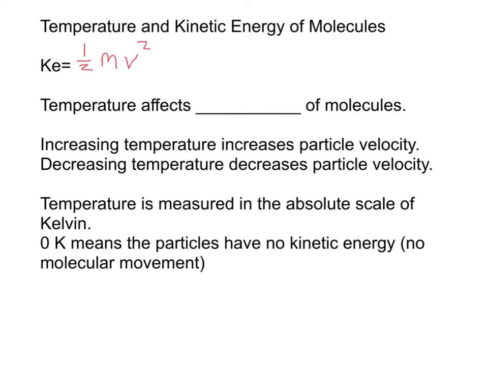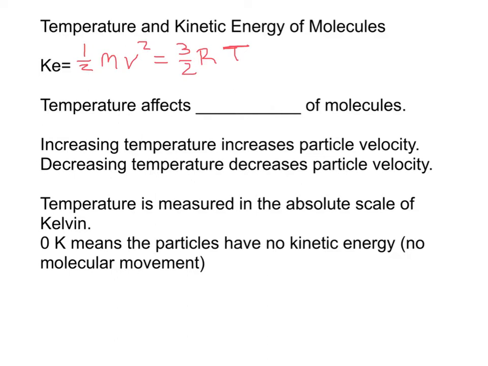But in chemistry, we can also take that a step further and use another equation that is 3/2 R, which is a gas constant, times T. This allows you to relate the velocity of the particles to the temperature of the particles. So if we increase velocity, you would expect temperature also to increase. And if we decreased velocity, the temperature would also decrease.